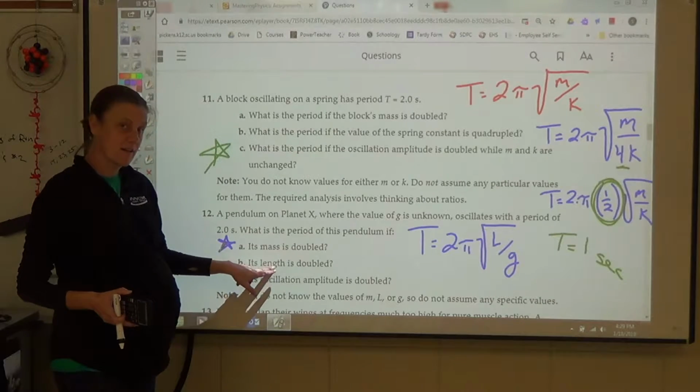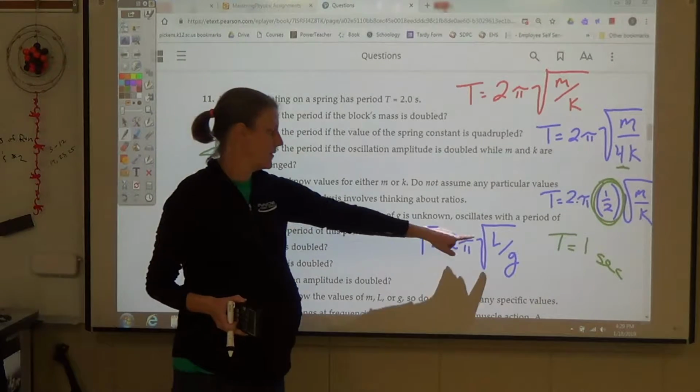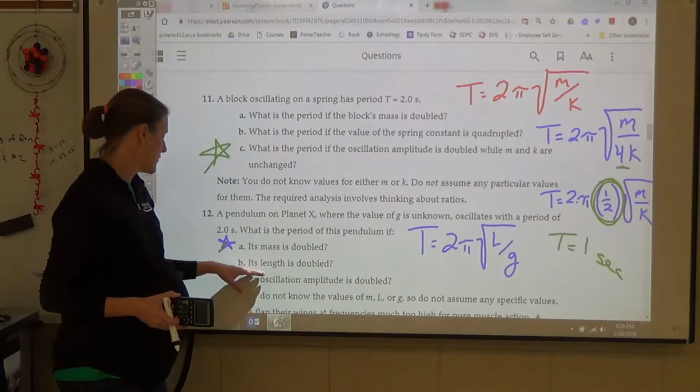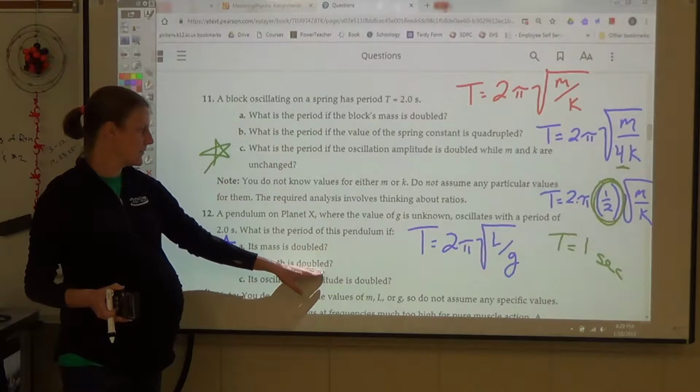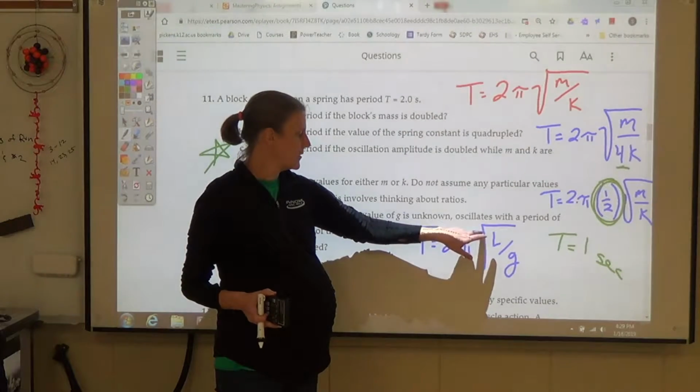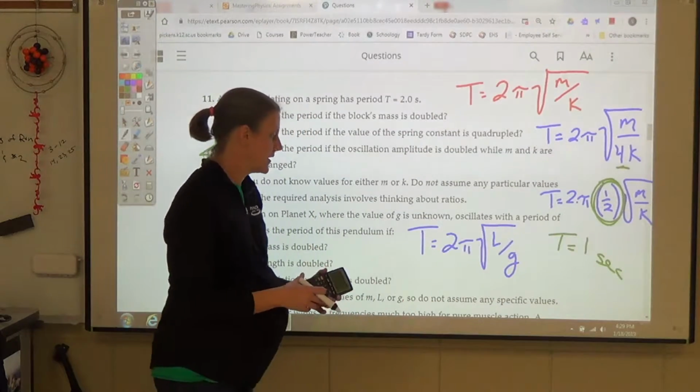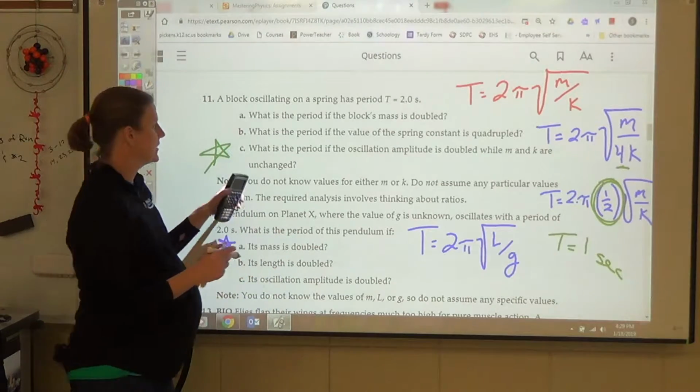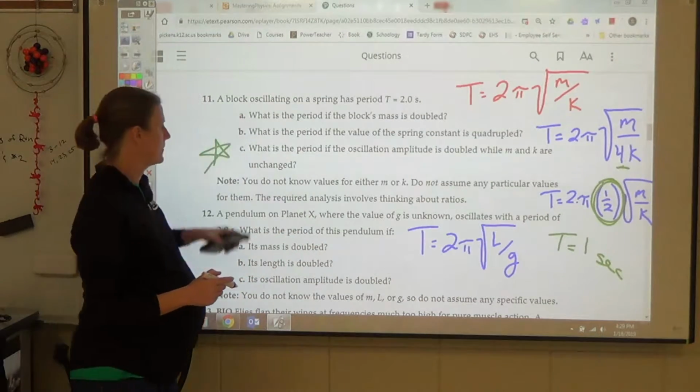String length, however, the length of the pendulum definitely matters. So if its length is doubled, you again have that square root of 2 factor in there. So that's really just like saying the mass is doubled for part A here.